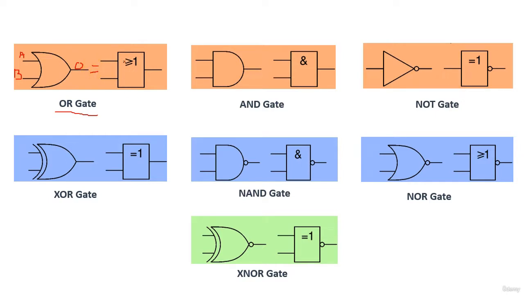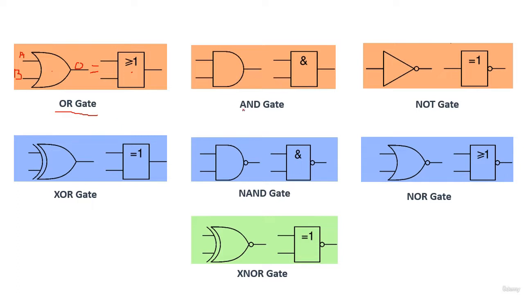This symbol equals this symbol. So this is an equivalent symbol. We have two inputs here, and also two inputs here, and an output, and instead of this shape we have this rectangle with greater than or equal to 1. So this is an OR gate and this is an OR gate.